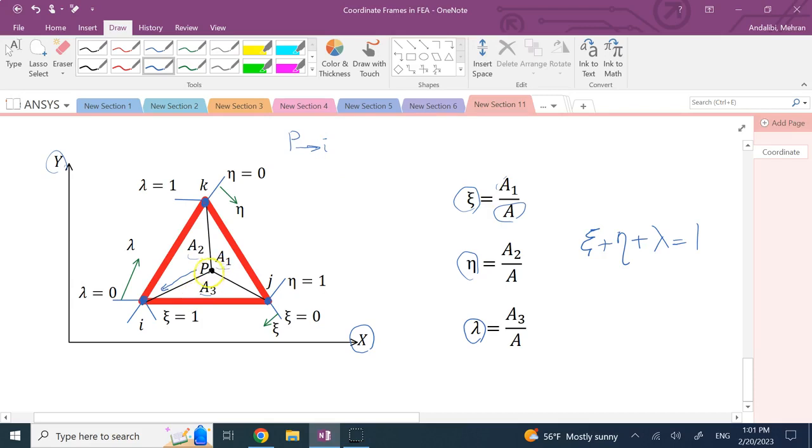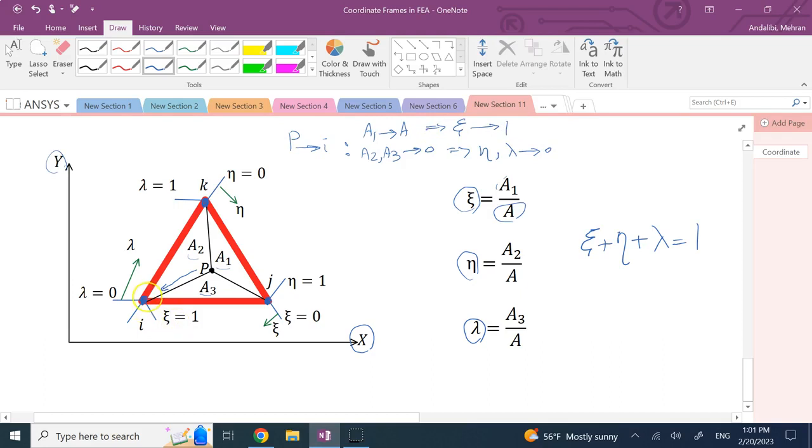Well, clearly A1 is going to be the entire A, and A2 and A3 are going to go to 0. So A1 converges to A, and A2 and A3 converge to 0. That means your eta and lambda are going to go to 0, and your Kc is going to go to 1.